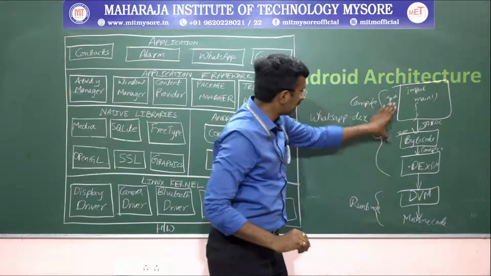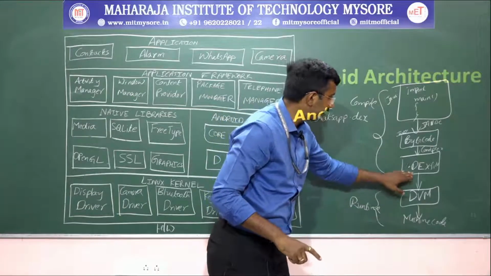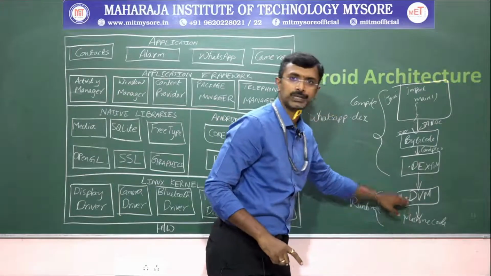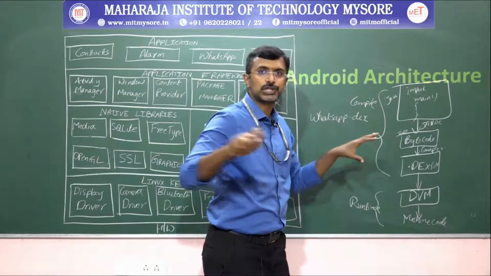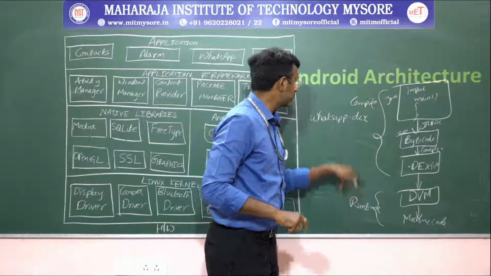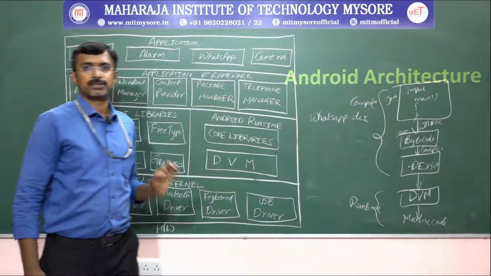So your WhatsApp application is in DEX format. You click on it, it converts the DEX file into machine code using the DVM. So it is happening at runtime, the execution time, and that's the reason we call it Android runtime. Simple terms, if I have to say.